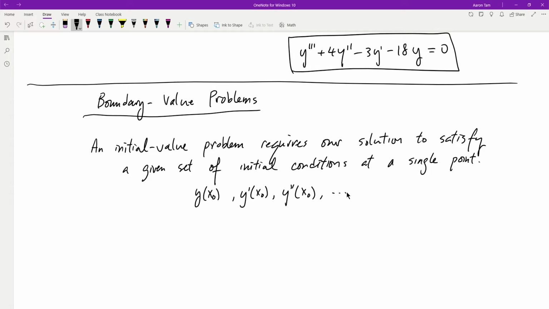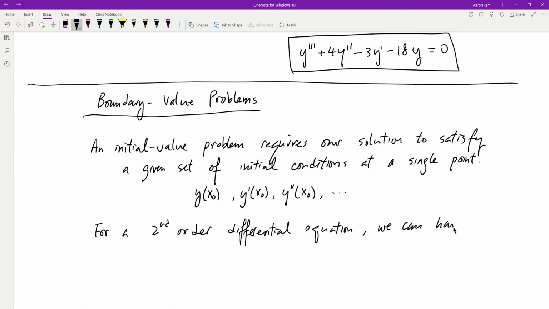Boundary value problems are a little different. For a second order differential equation, we can require the solution to pass through two given points. We can have what we call a boundary value problem.